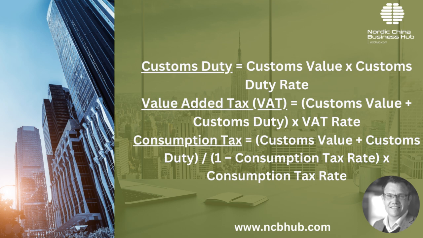One common method is this: consumption tax equals (customs value plus customs duty), this whole thing, customs value plus customs duty inside brackets, divided by (1 minus consumption tax rate), multiplied by the consumption tax rate.